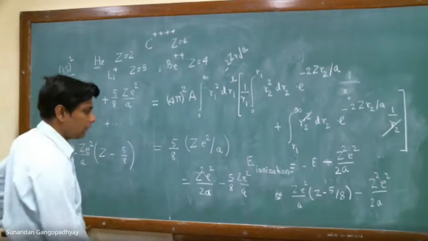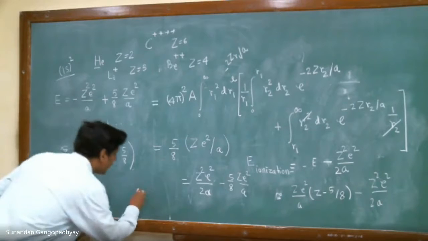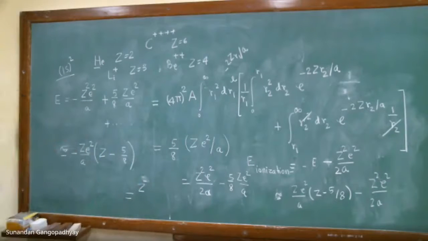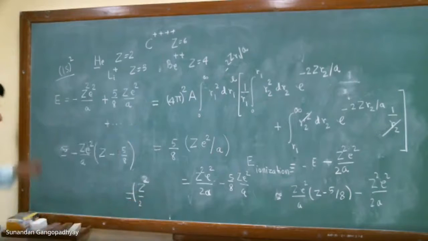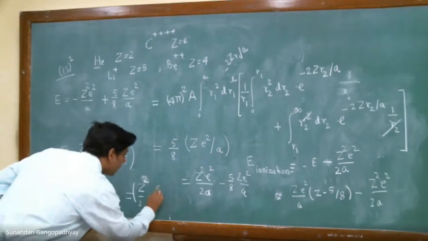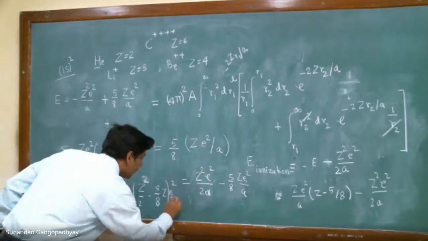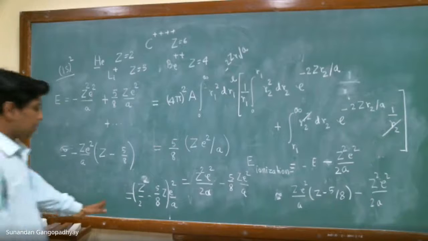So ultimately, if you simplify this further, this will be equal to z square by 2 minus 5 by 8 z e square by a. So this is your answer.